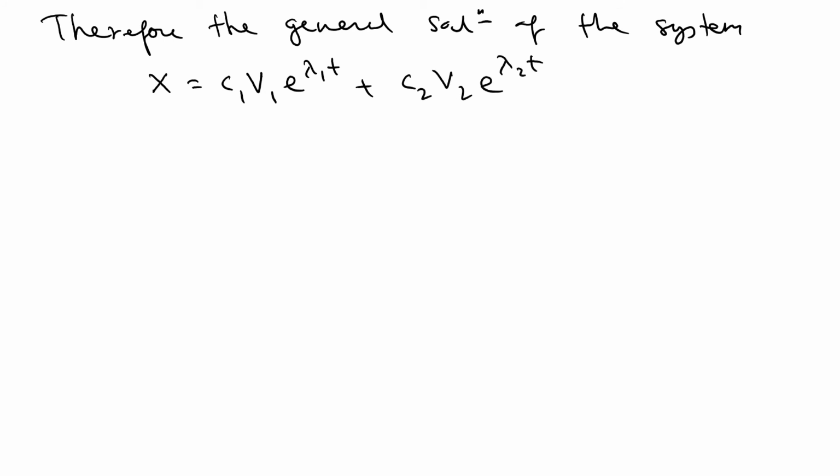Because there are only two eigenvalues, they are distinct, so these solutions are automatically linearly independent. So everything looks good.